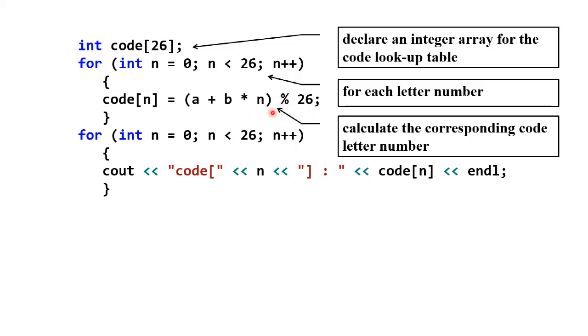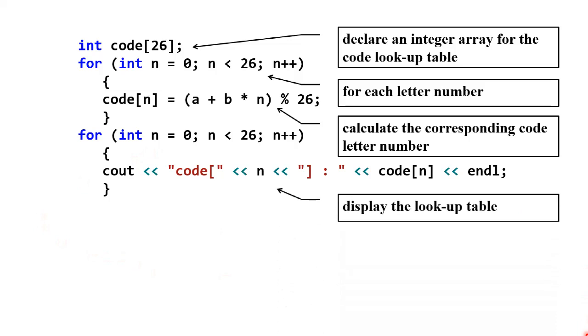So the result of this will be the code value for each letter value, and it will range from 0 to 25. The next bit of code is a for loop that prints out that lookup table to display it on the monitor.